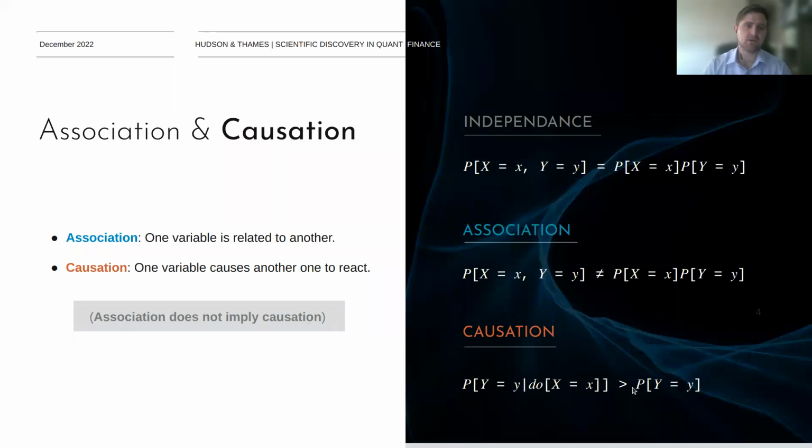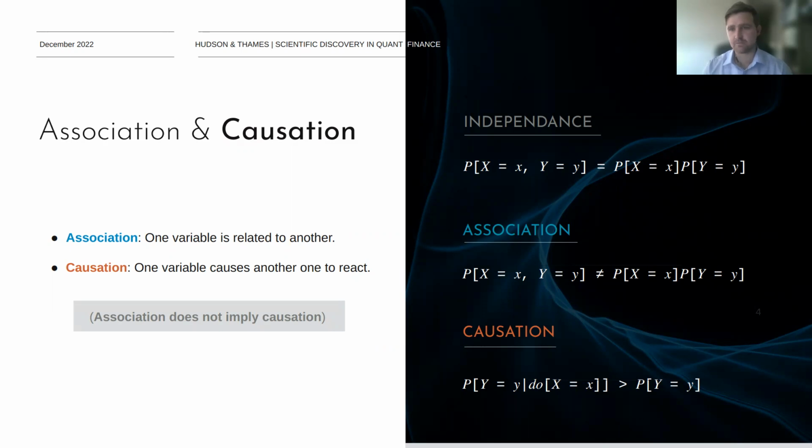I think everybody who has learned statistics at the start of their career knows association does not imply causation. You can see two variables are related, but there can be spurious regression that you then run on these correlated variables.